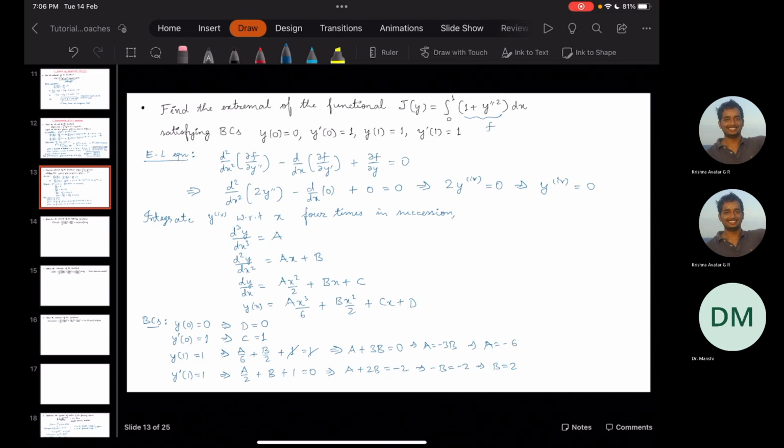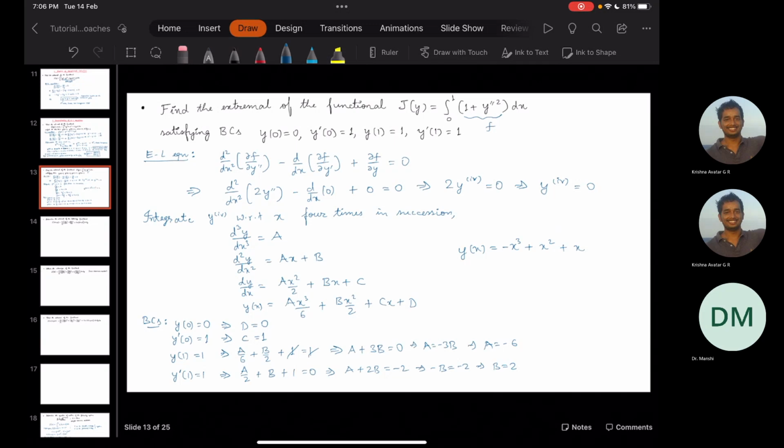Okay, so our expression is y of x is equal to minus 6 into x cubed by 6, so it is minus x cubed plus x squared, because 2 cancels out, plus c is 1, which is fine.